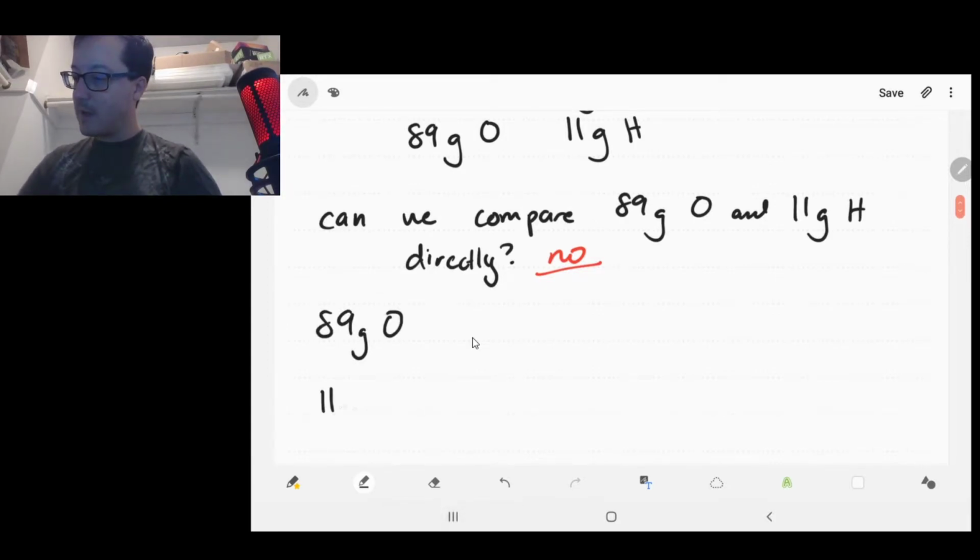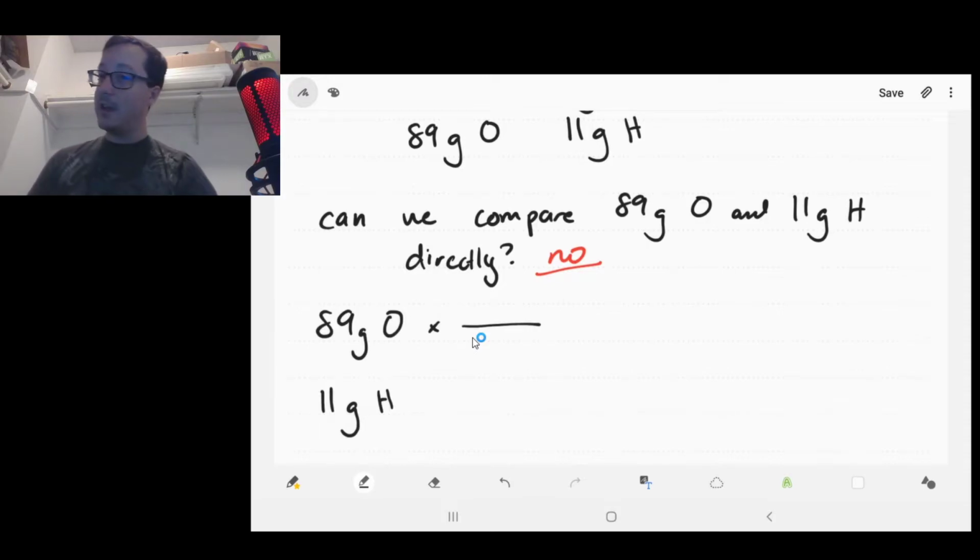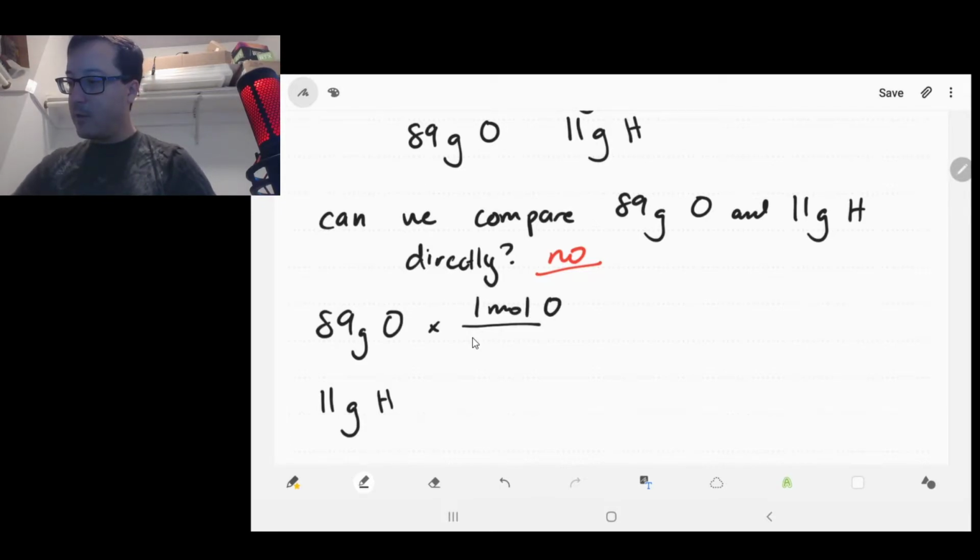And we can just do them side by side here. So if we've got 89 grams of oxygen and we want to find the number of moles, again, if you want to do atoms instead, you are more than welcome to. But moles is easier. We know that each mole of oxygen would weigh 16 grams.